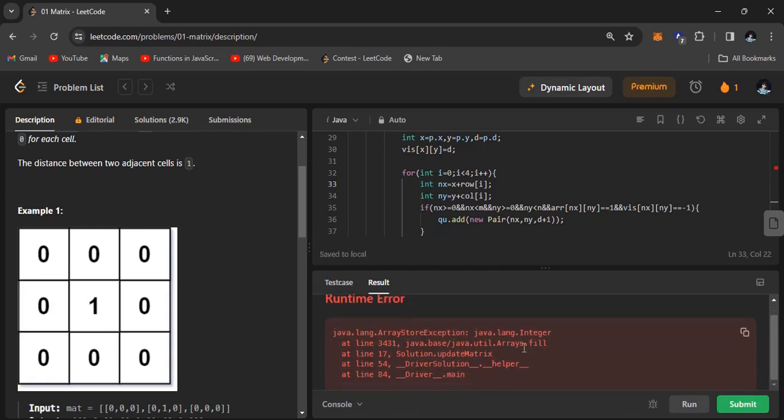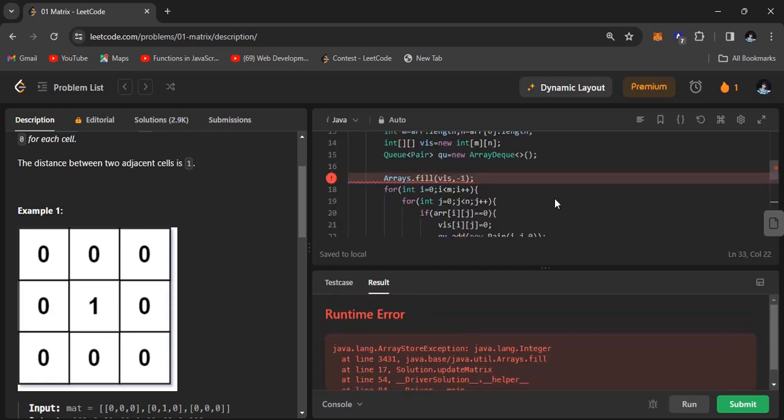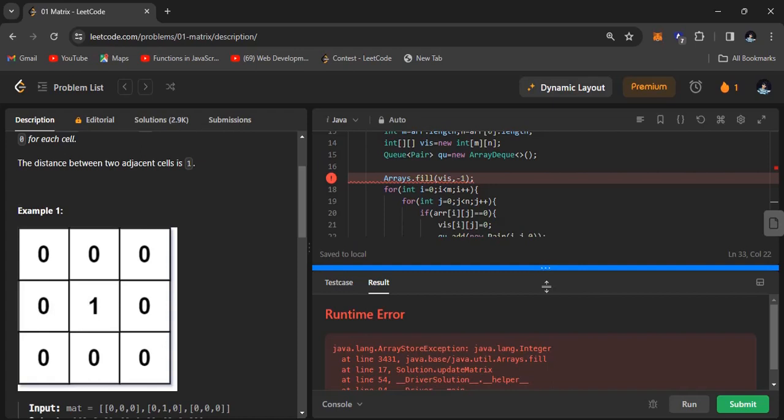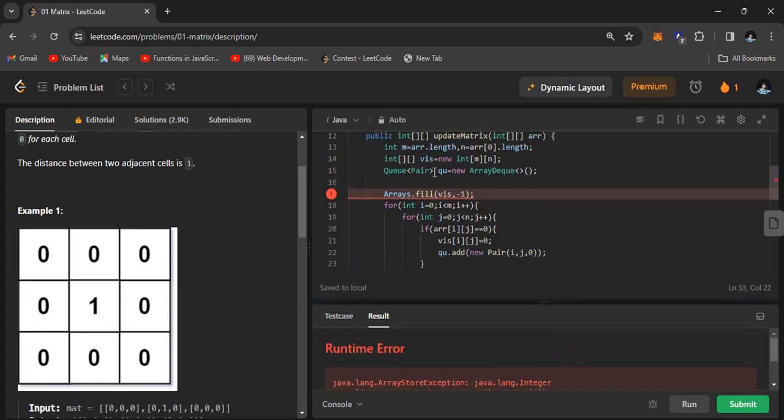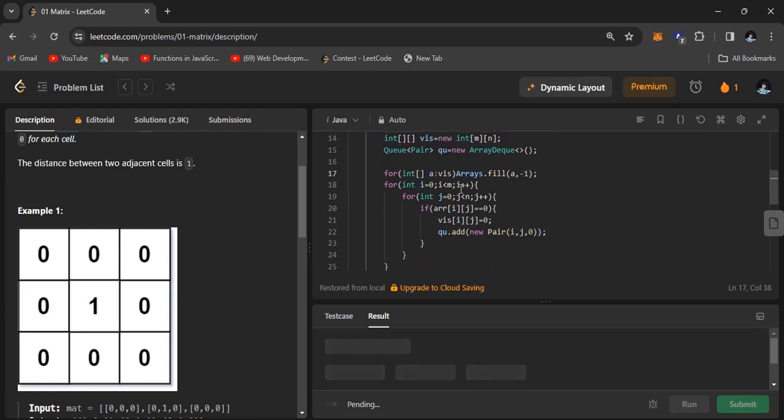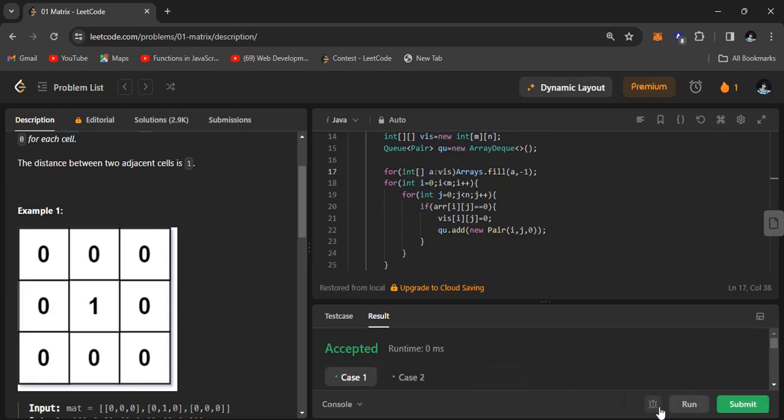Then an array store exception: this is a 2D array, so for that first make a for loop. Array.fill applies only to a 1D array, a one-dimensional array. Now I think this code should run. First make the 2D array and 1D array and then try to fill.